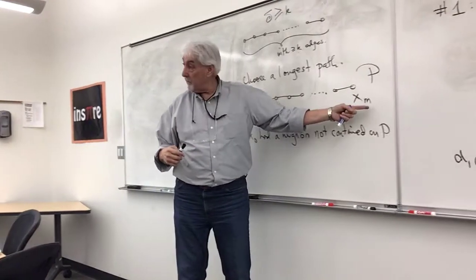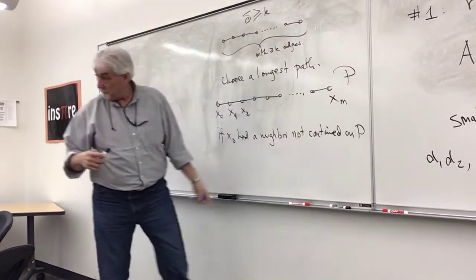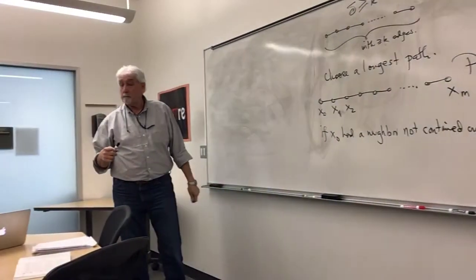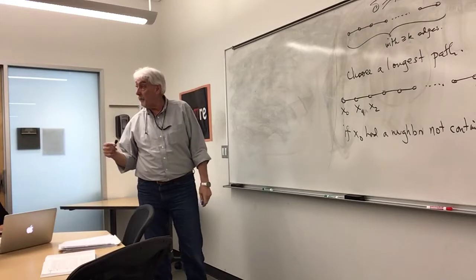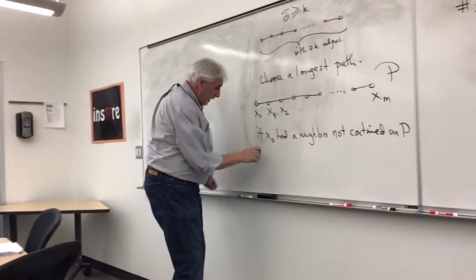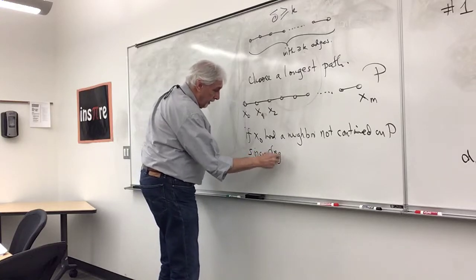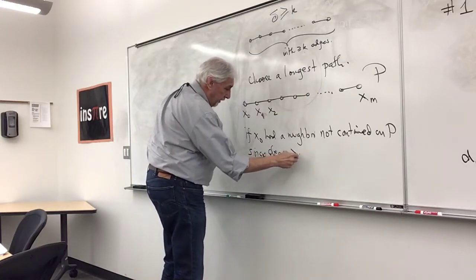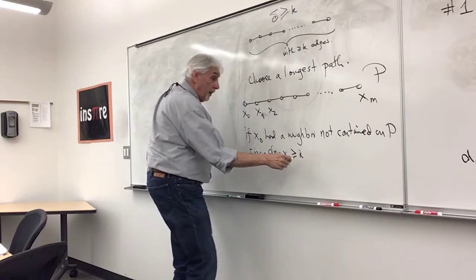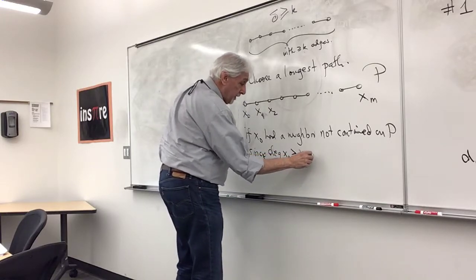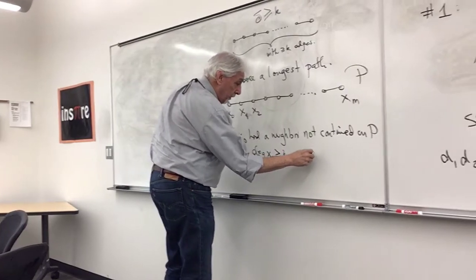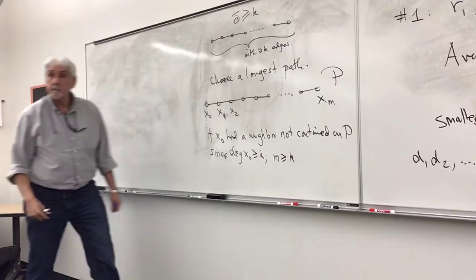So m is at least k. So since the degree of x0 is greater than or equal to k, we know that it follows that m is greater than or equal to k. Is that clear?